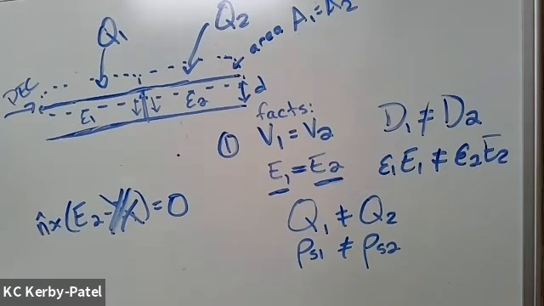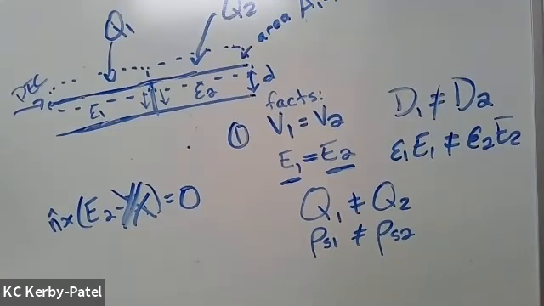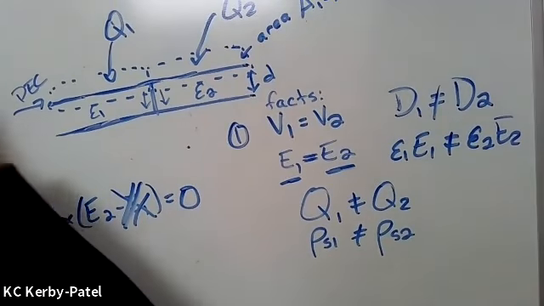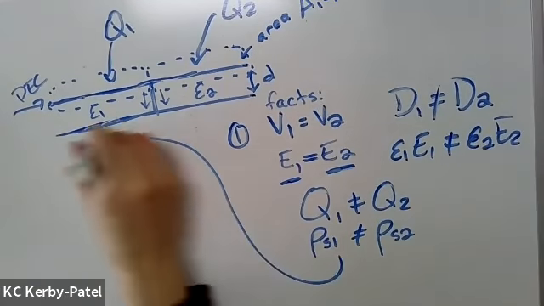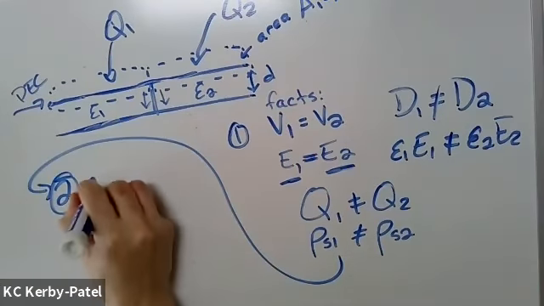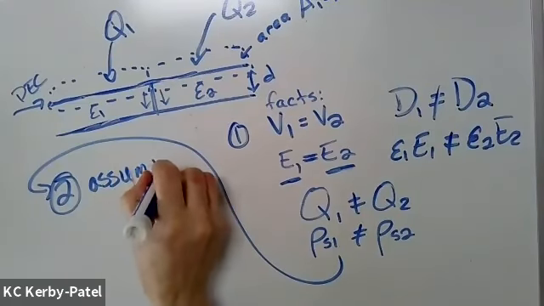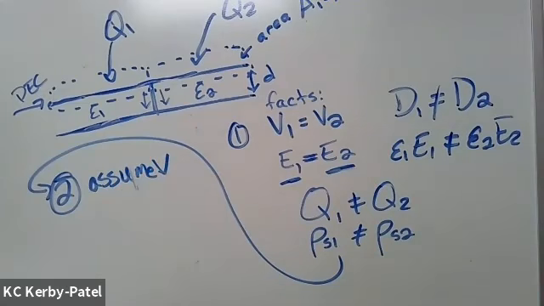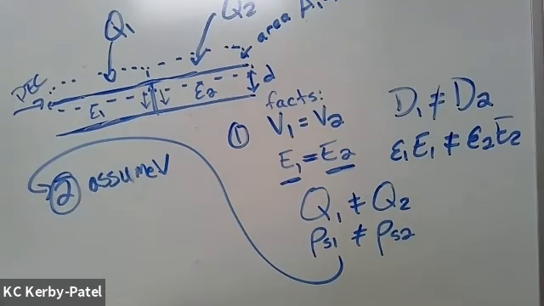So to solve this problem, what we actually need to do is assume a voltage. So my second step, now that I know all these facts, is going to be to assume a voltage and to make some symmetry arguments about the direction and behavior of the electric field.